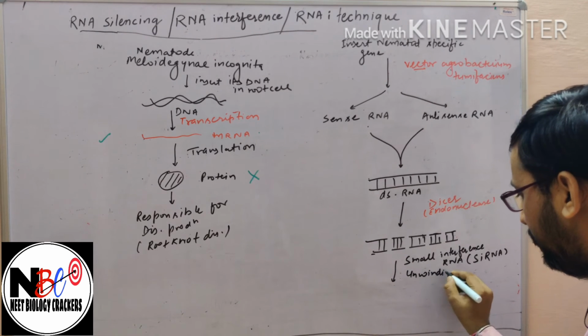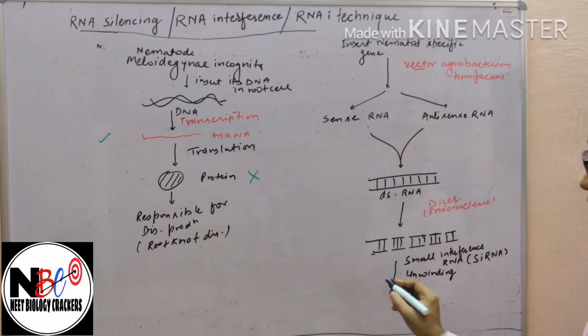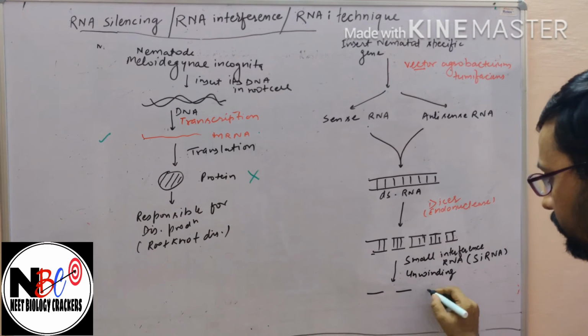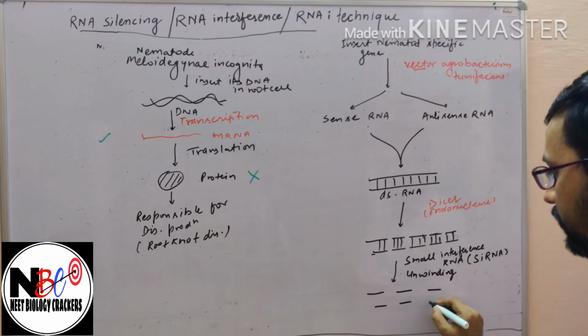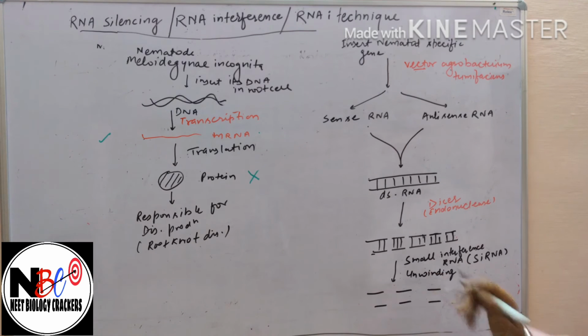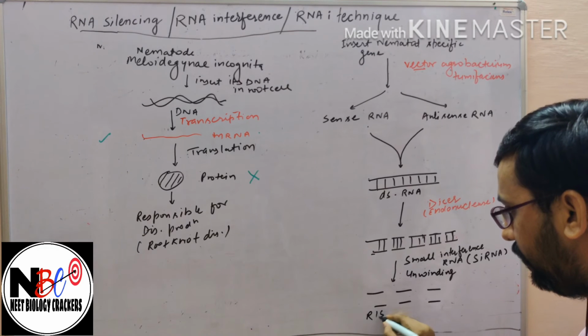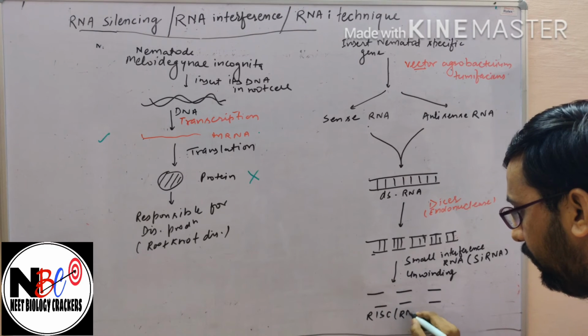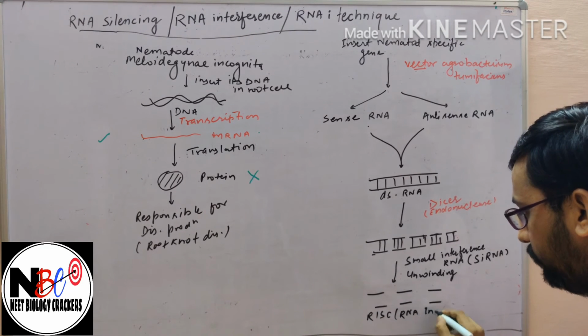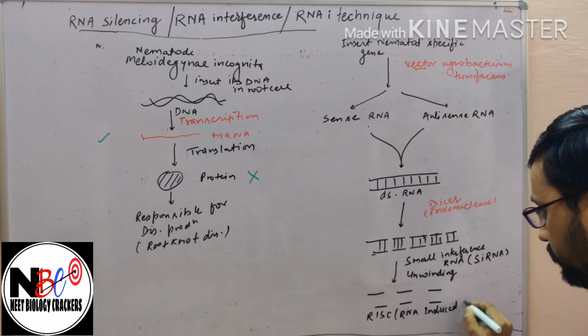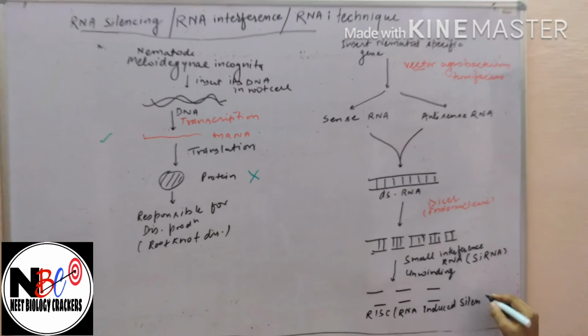Unwind means they form single strands. Now they become single stranded. These RNAs become single stranded due to unwinding, and these are called RISC, that is RNA induced silencing complex.